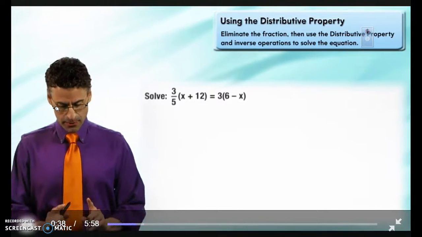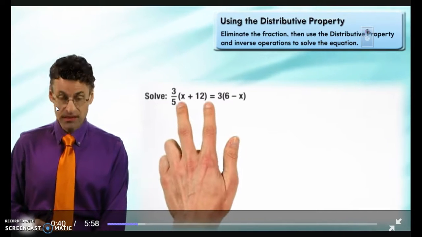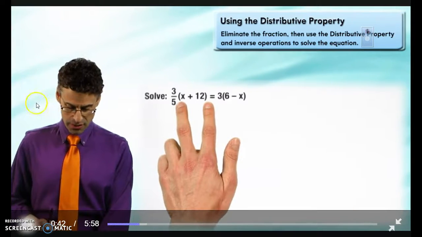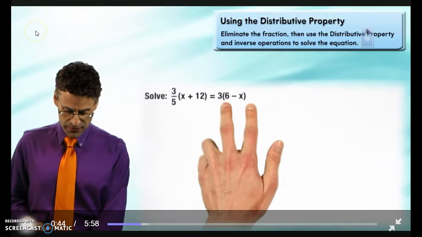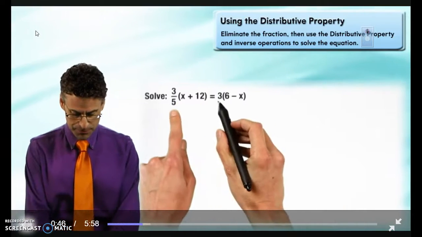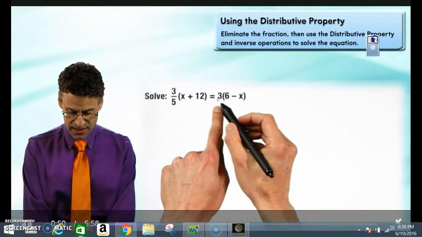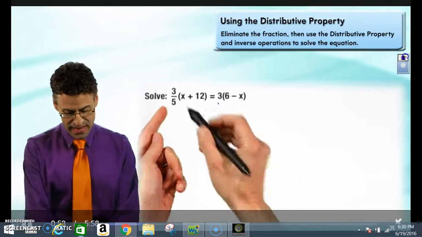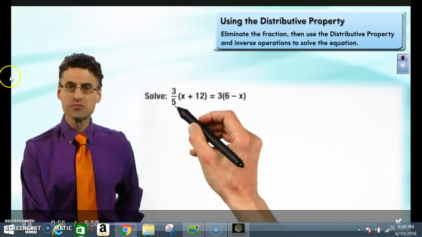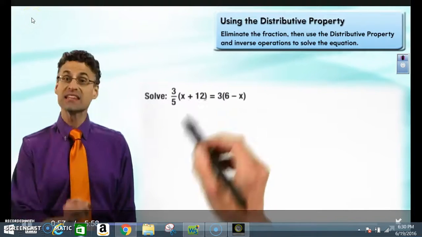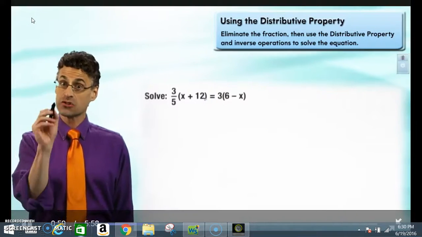Well, what I see here is that I've got some parentheses. That's a real important clue. And in front of each of these parentheses, notice there's a number. On the left-hand side, it's 3/5. On the right-hand side, it's 3. And what that tells me is that this 3/5 is multiplying everything inside of there. That's the distributive law.